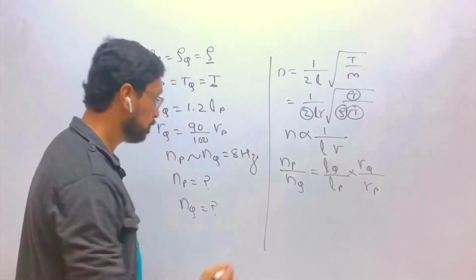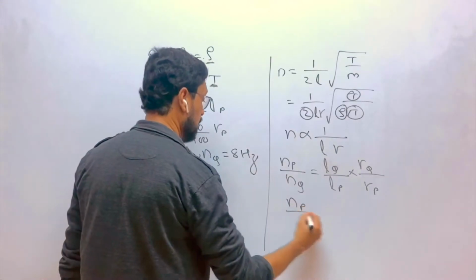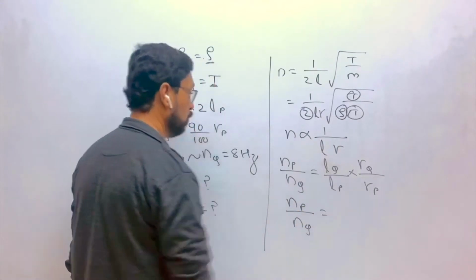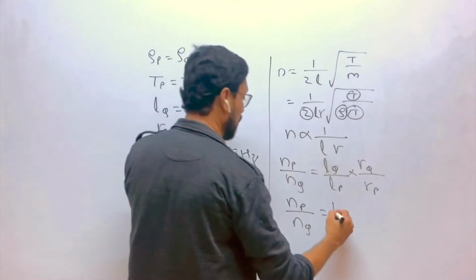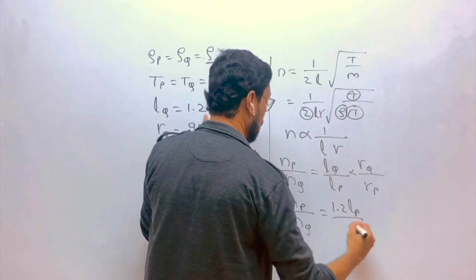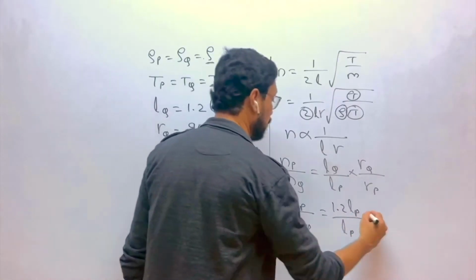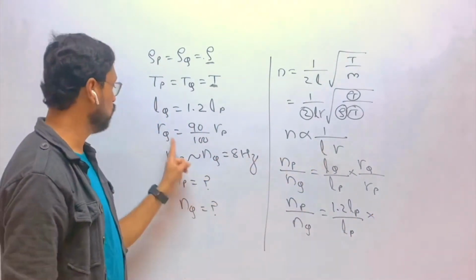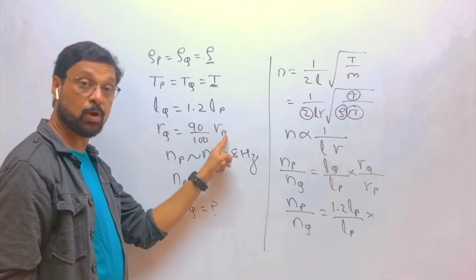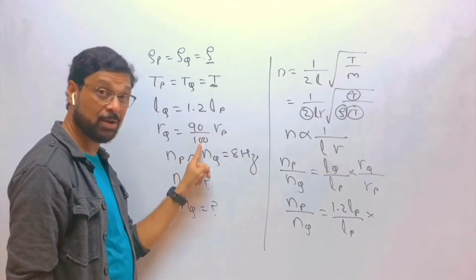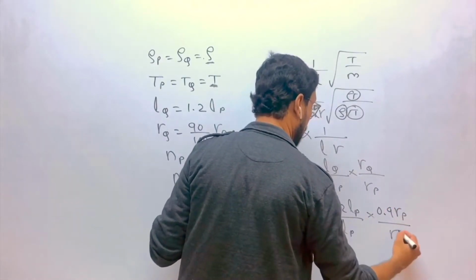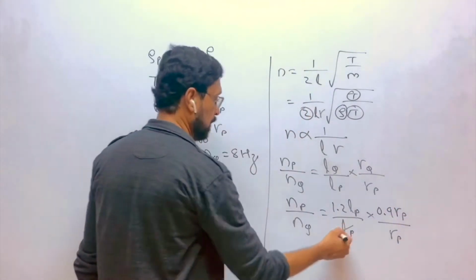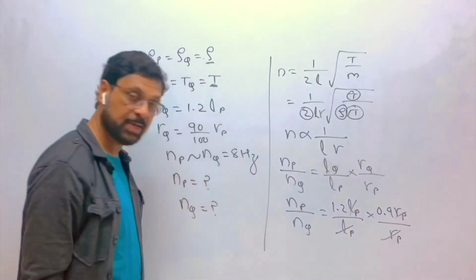Correct? So put the values now. NP upon NQ will be equal to LQ, which is 1.2 times LP, upon LP, into RQ, which is 90% of RP, means 9 by 10 or 0.9, RP upon RP. This LP gets cancelled, RP gets cancelled.